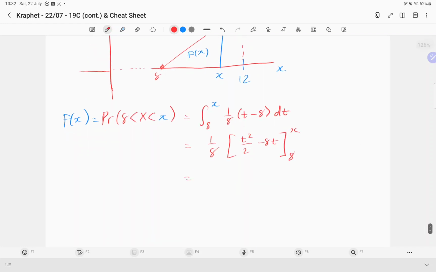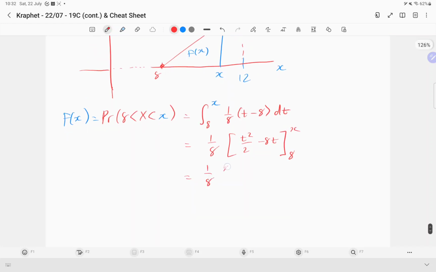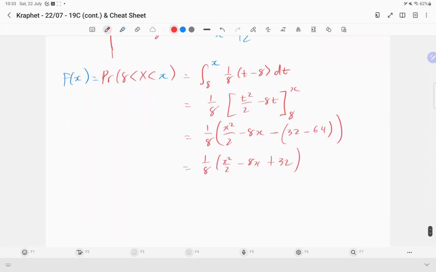Then you substitute x in, so it'll be 1 over 8 times (x squared over 2 minus 8x), minus brackets, 8 squared over 2, which is 32, minus 8 times 8 is 64. So that'll be 1 over 8 times (x squared over 2 minus 8x, and then negative 32, so plus 32).